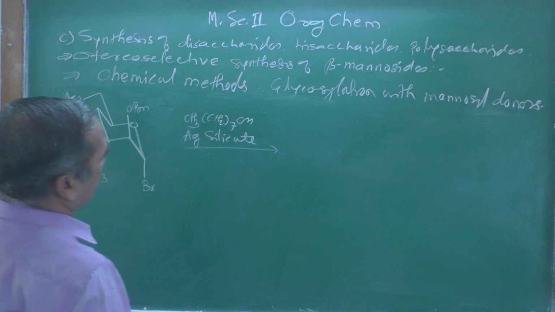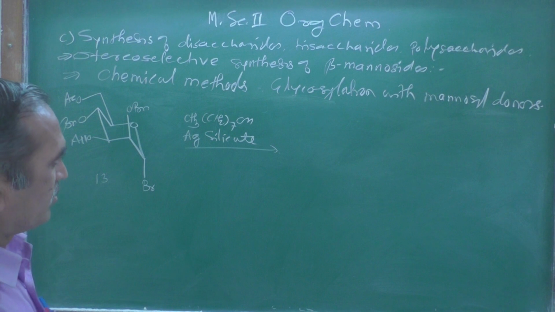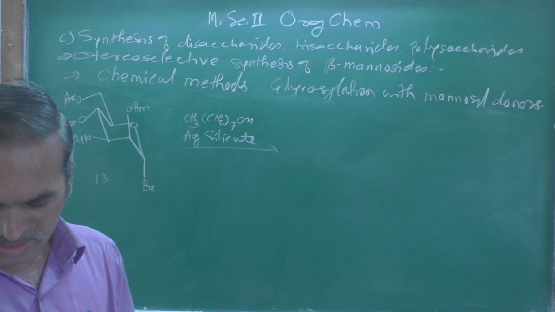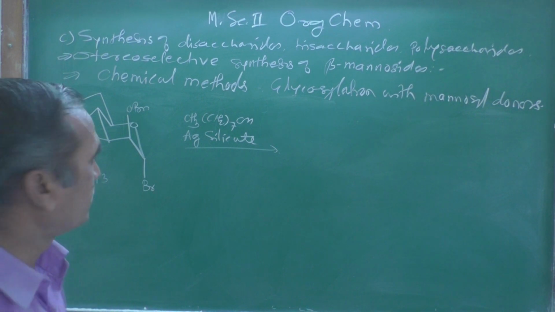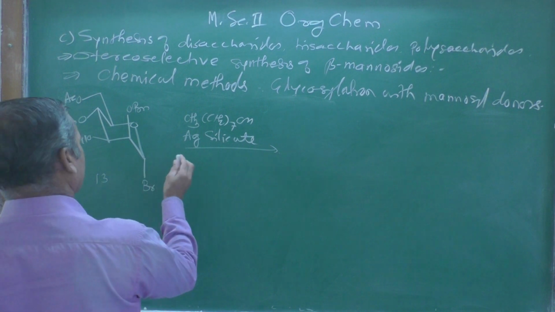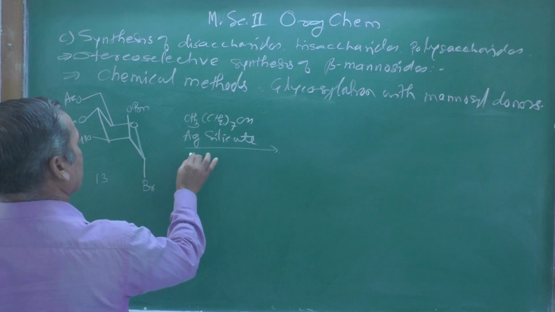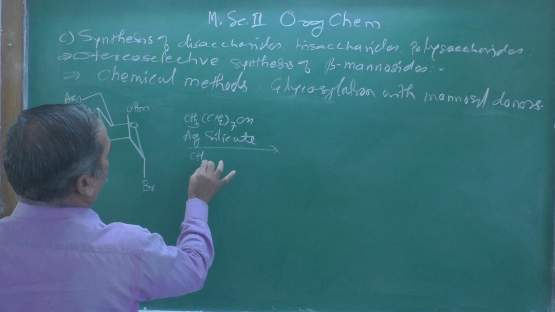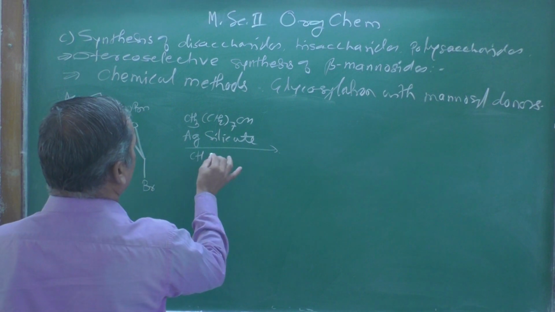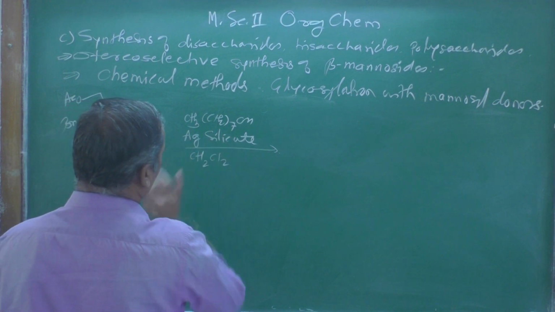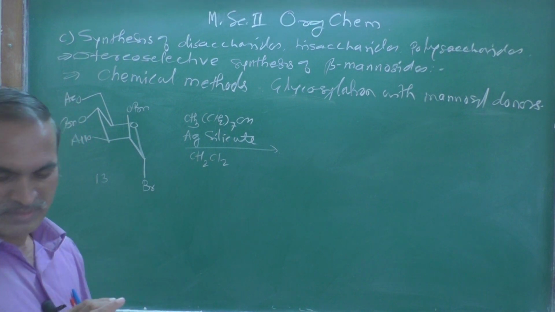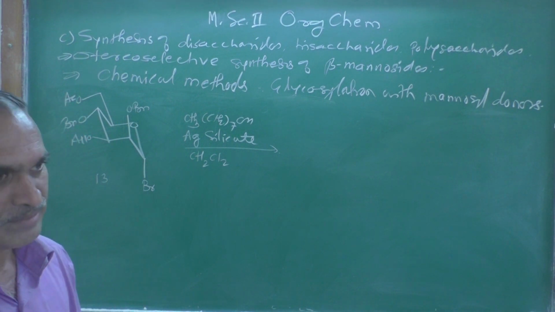Silver silicate acts as a promoter in this particular reaction, and the solvent used for this reaction is CH2Cl2, DCM, dichloromethane.